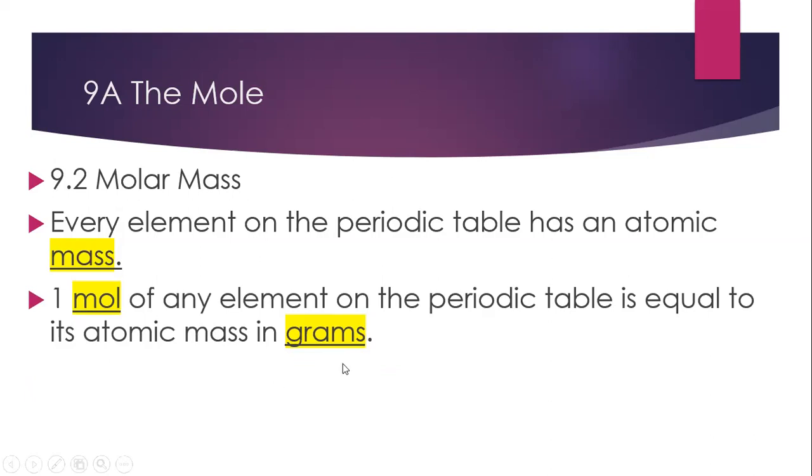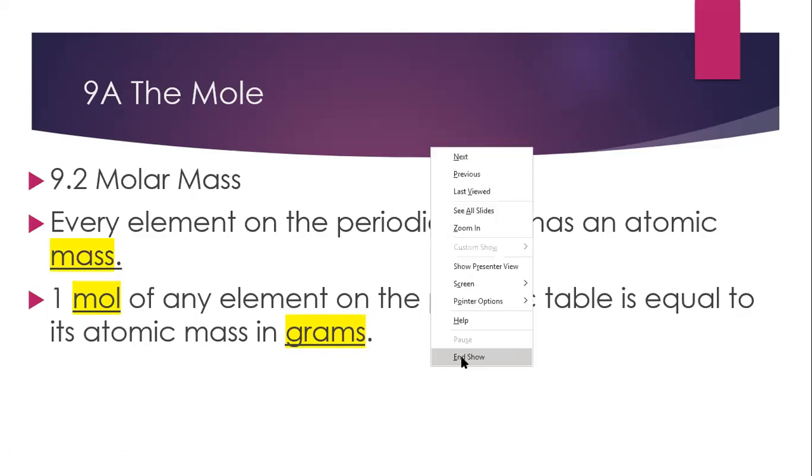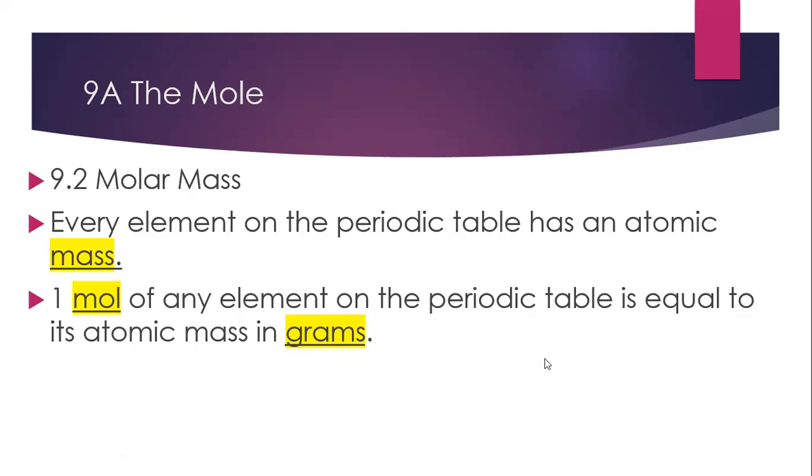So remember in the previous screens, we said 1 mole of anything equals Avogadro's number. Well, 1 mole of anything also equals its mass on the periodic table. So it doesn't matter if I ask you for 1 mole of helium or nitrogen or oxygen, they all will have the total that is on the periodic table, which is going to be for each element symbol, okay?